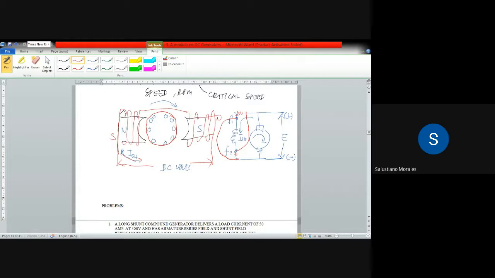So kung there must be a proper relation of the rotation of the armature and the connection of the field winding with respect to the armature terminals.